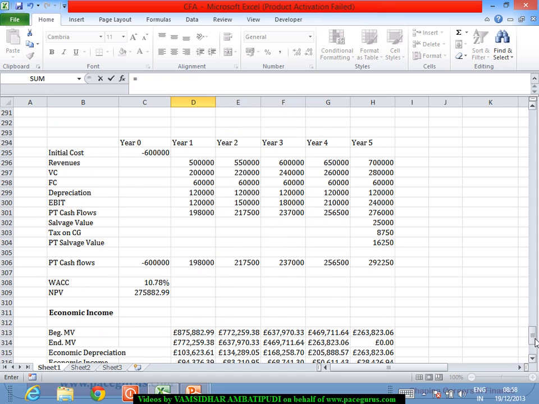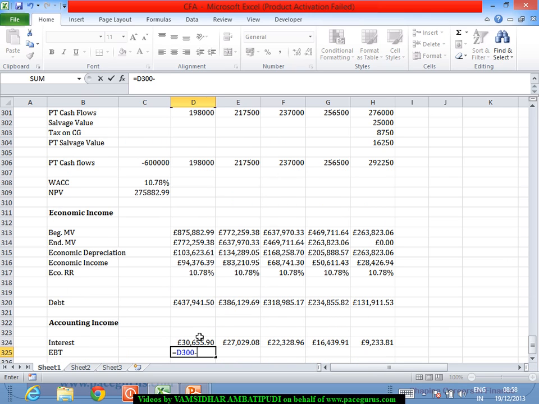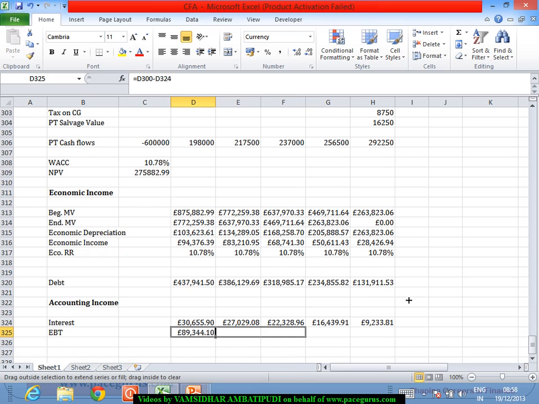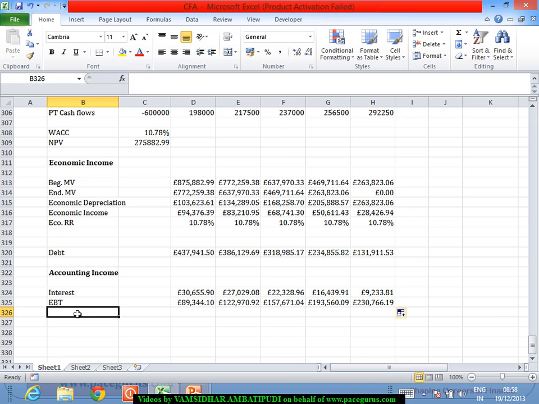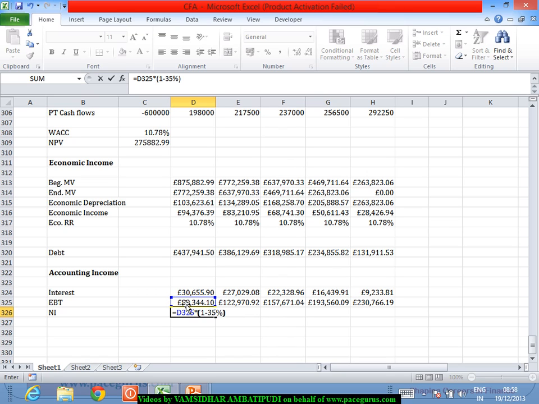This is just a typical profit and loss statement. EBIT minus the interest gives me the PBT, or EBT, whatever it is. From this EBT I remove the tax, so net income is the post-tax of this EBT, this number into 1 minus the tax rate of 35%.